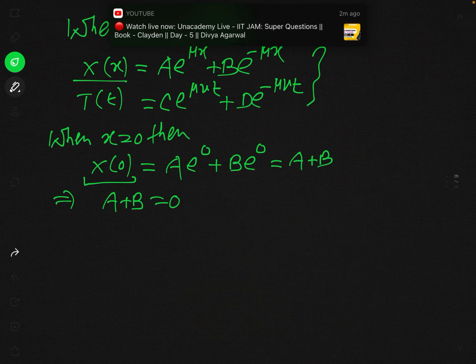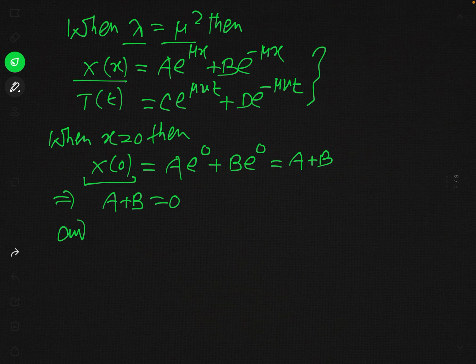And again, you can see when we take x equal to L, then X of L is equal to what? Let us now put x equal to L in this equation.